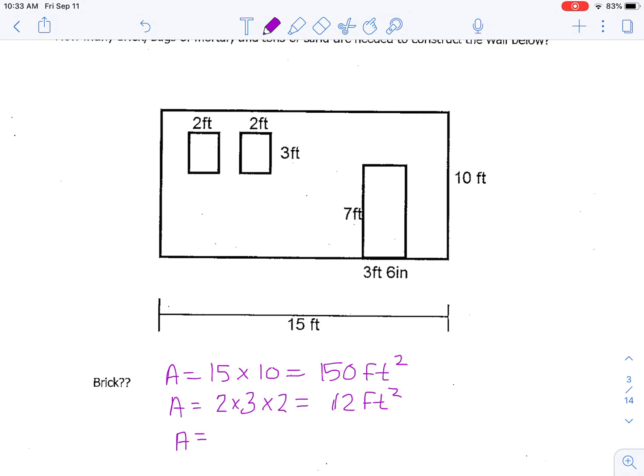Now our door, this 3 feet 6 inches, we can't do that. We have to know what part of a foot is 6 inches. So I'm going to make another video that'll give you a little shortcut on how to convert that.